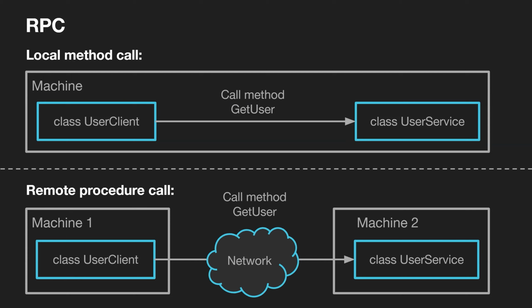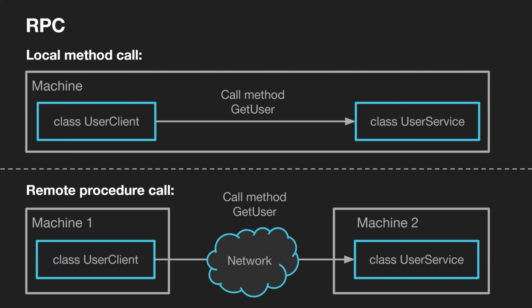And if they live in different machines, then that method call needs to travel through the network. And the way that happens is that the method call needs to be serialized in some way and transferred over the network. And then on the consumer side, it needs to be deserialized, processed, and then the response needs to go back to the caller.